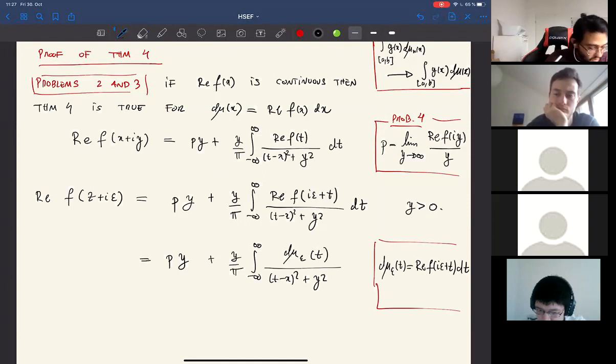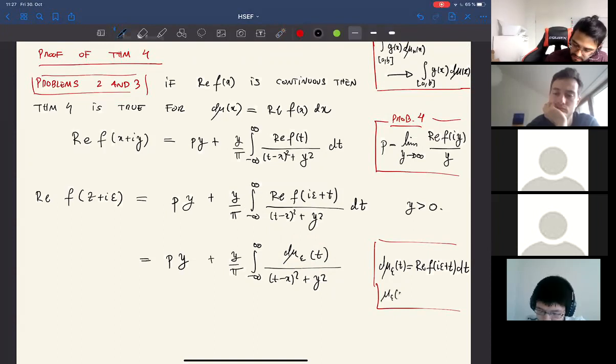And then now I will use Helly's selection principle, because now I have a sequence of measures, mu epsilon, which would be just a primitive of this guy. If you want, I can even write it here.